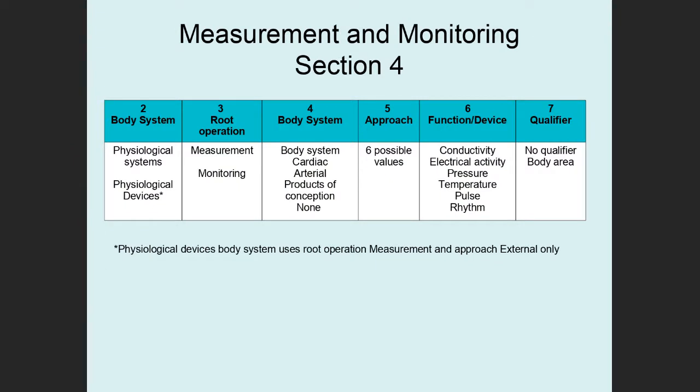The next section is measurement and monitoring with the first digit 4. There are only two body system values, physiological systems and physiological devices. The root operation is either measurement or monitoring, so only two possibilities here.